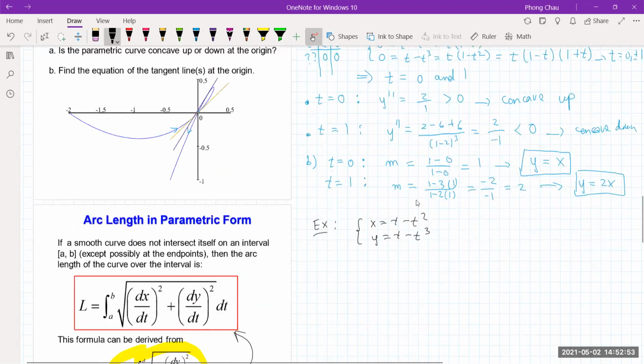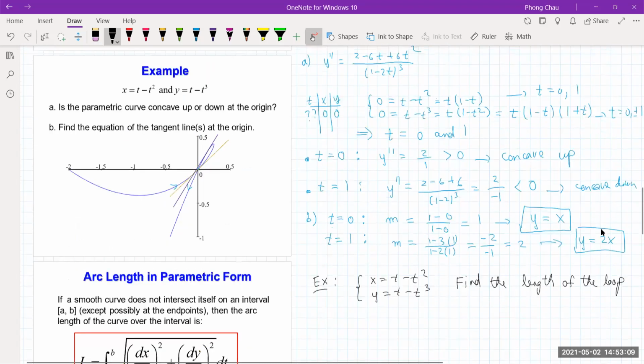And I want to find the length of the loop. Okay, so what I do is I want to find this loop right here. So that one.